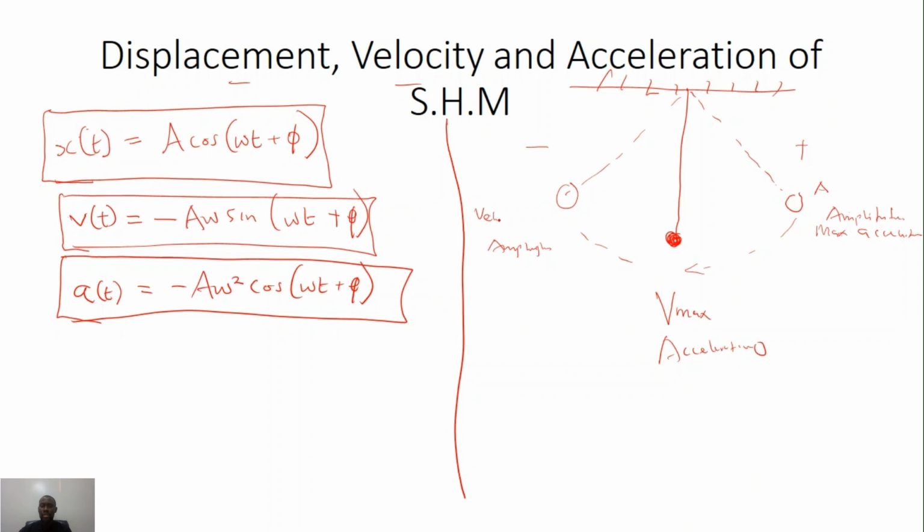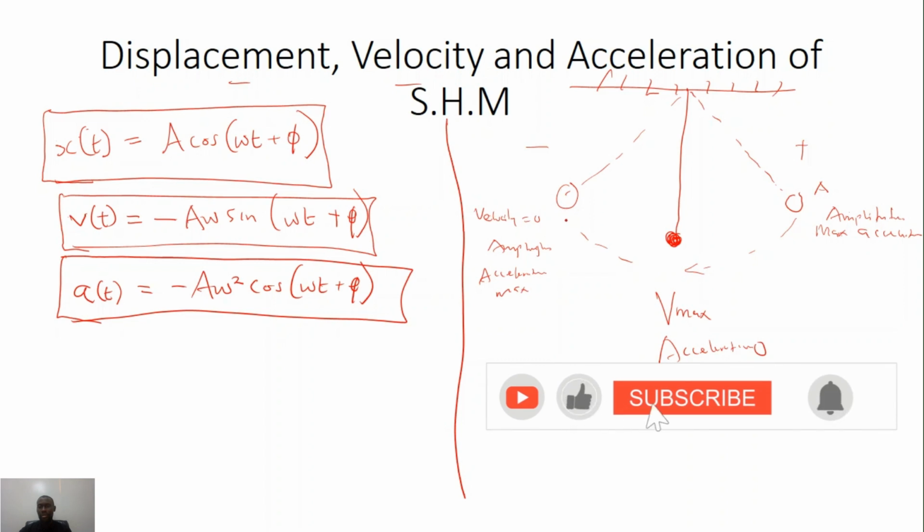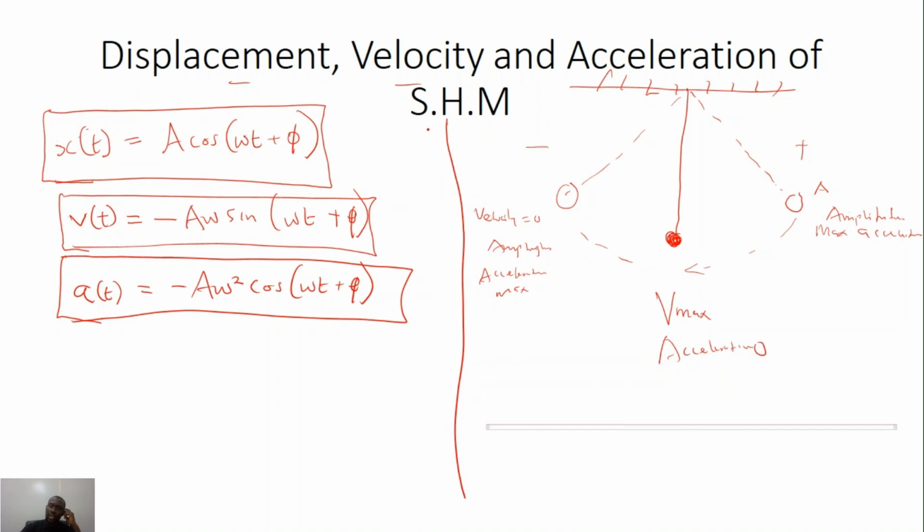The displacement is maximum, and that's the amplitude, and the acceleration is also maximum at this particular point in time when the body starts to move. So this is how the displacement, velocity, and acceleration vary across the different phases of a body undergoing simple harmonic motion.